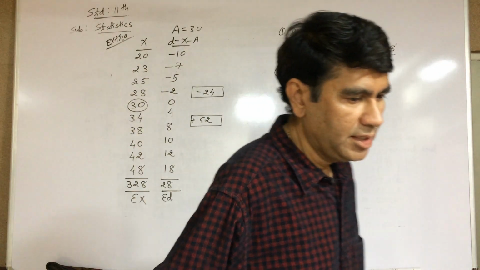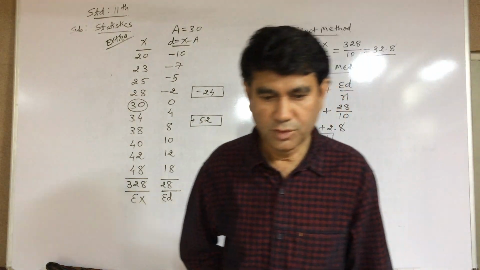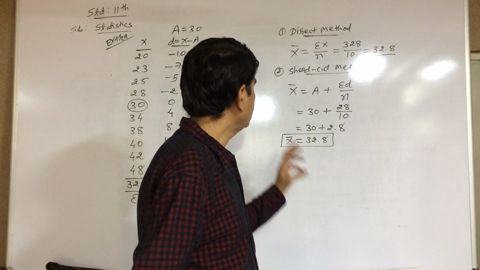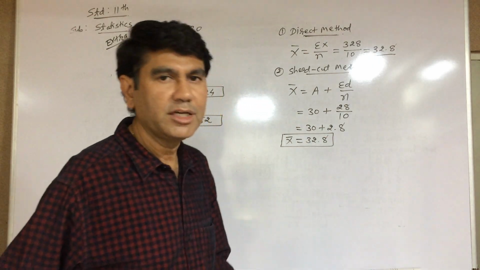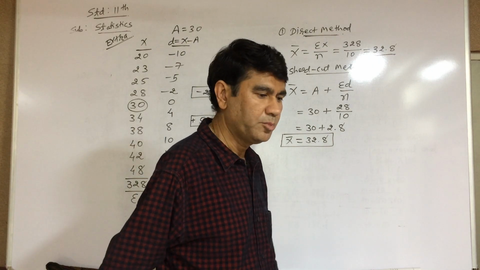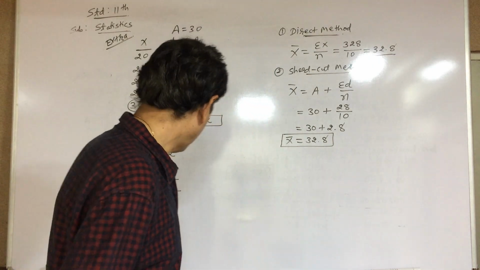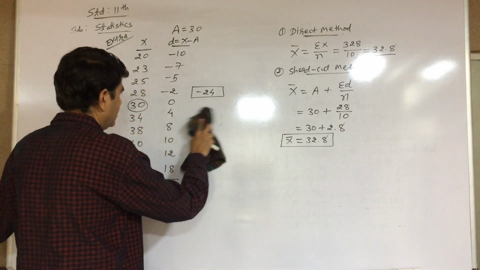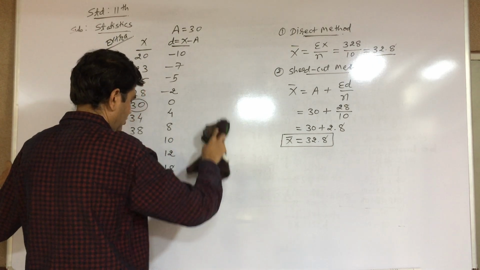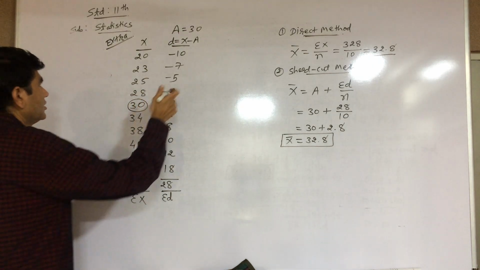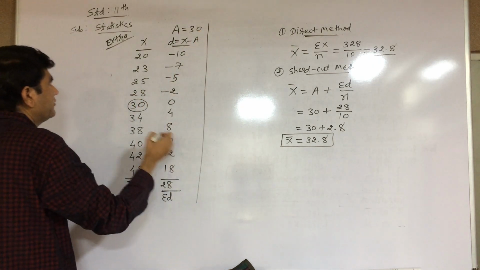Okay students, if you want to see more calculation, we take a different value in this example and verify the answer, 32.8. In the same example, suppose some students want a different value.